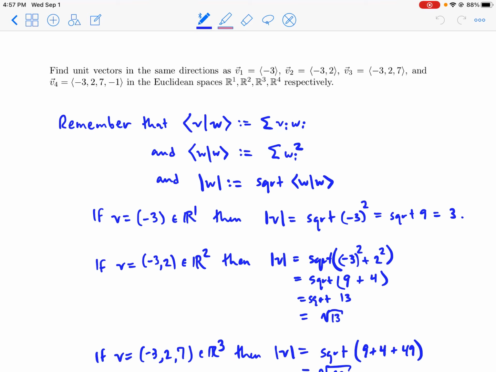Okay, hello. So this video will look at finding unit vectors in a couple different dimensional spaces. Remember first that the dot product is given as a sum of products, and the dot product of a vector with itself is therefore a sum of squares.